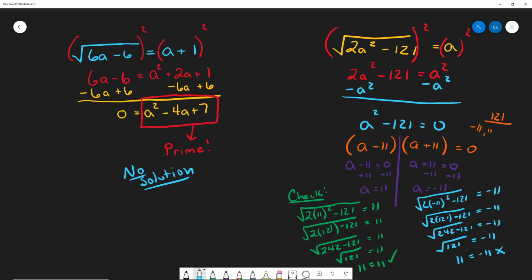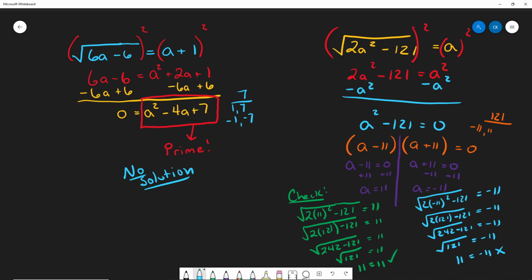So we have 2a minus 6a gives me a negative 4a, 1 plus 6 gives me 7. And now when I'm looking at this trinomial, I look at the factor pairs of 7. The only factor pairs of 7 itself are 1 and 7, or negative 1 and negative 7. But none of those add up to give me negative 4, so this here is a prime trinomial. It can't be factored. So if it can't be factored, we can't find a solution. So this one would have no solution.